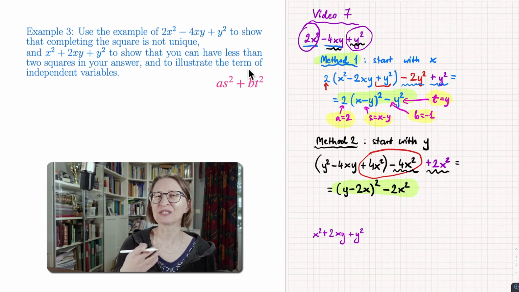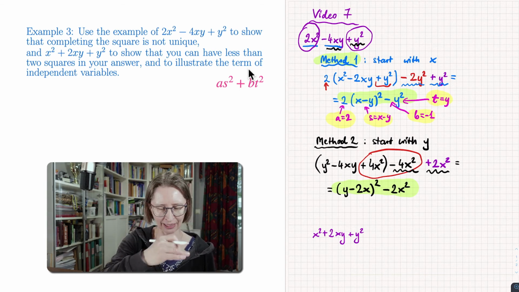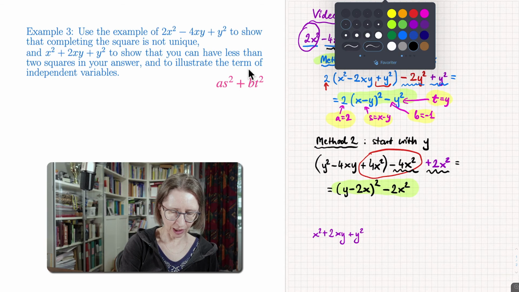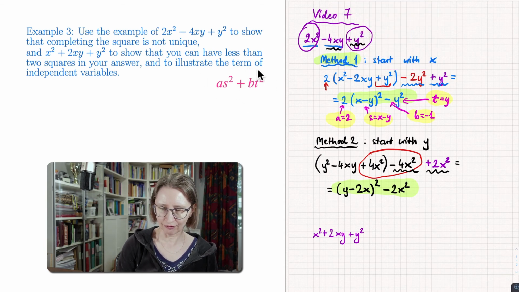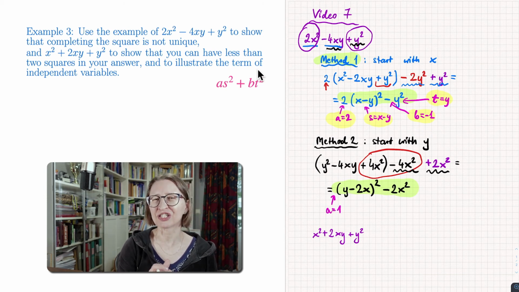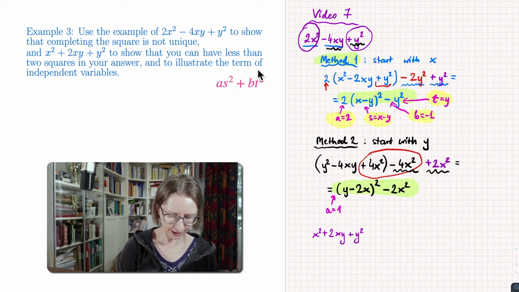You see that it looks different, but it is the same expression, and you can verify it by just performing those multiplications. So in this particular case, if you now compare this to the general form, you get a equal to 1 because you have no coefficient before the first square, right?